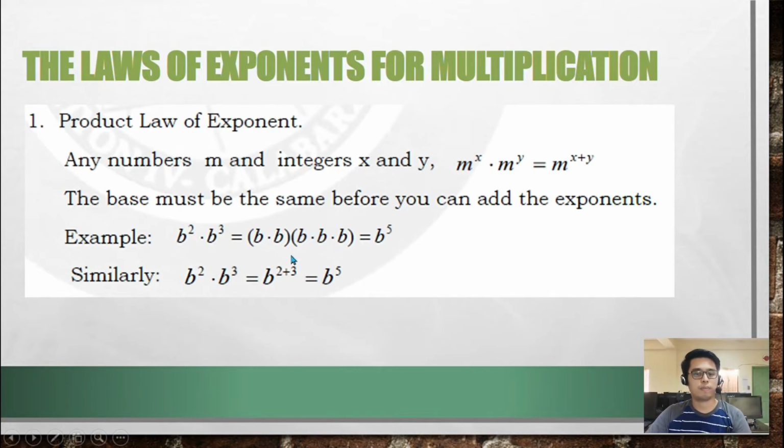Yan yung expanded form ng B cube or B raised to 3. Now, imumultiply natin. Pag minultiply mo kasi, bibilangin mo kung ilan yun. Ilan bang variable B ang nandito? Kasi in-expand na natin. 1, 2, 3, 4, 5. So, ibig sabihin, yan ay B raised to 5. Okay? Kasi 5 yung B dito.